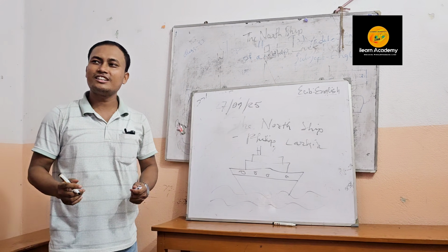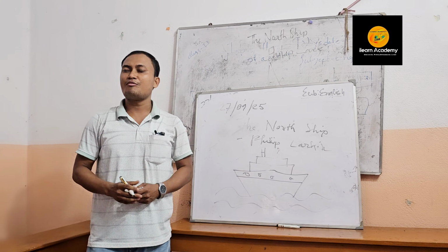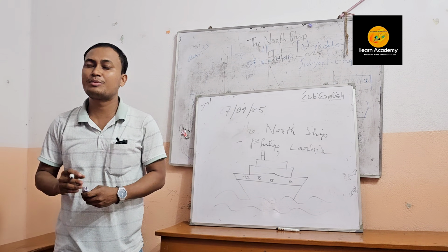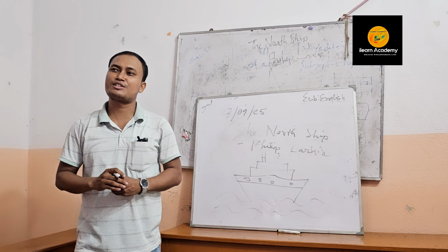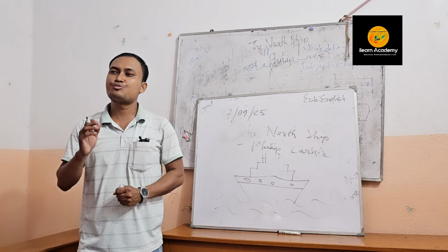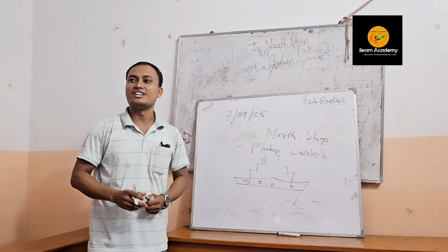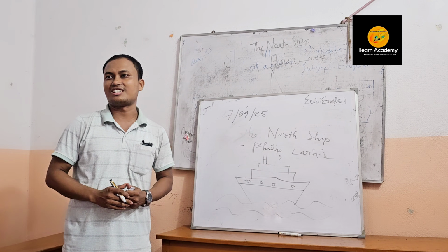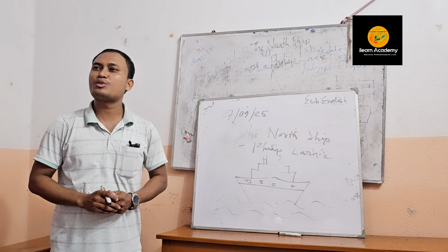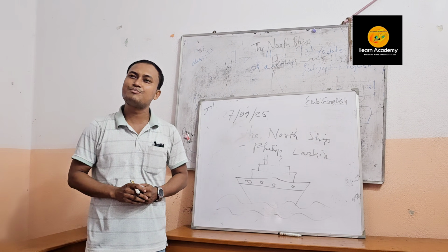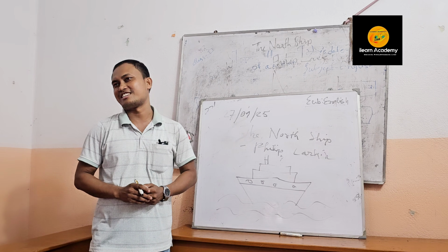Now, who is Philip Larkin? Philip Larkin is a famous post-war poet. He wrote many famous poems and novels. His first poetry collection was in the same name. Actually, this poem belongs to that collection. His other famous poems are High Windows, Less Deceived, and others.